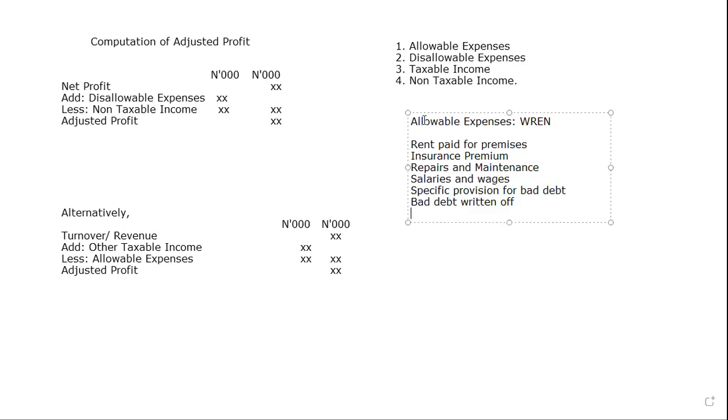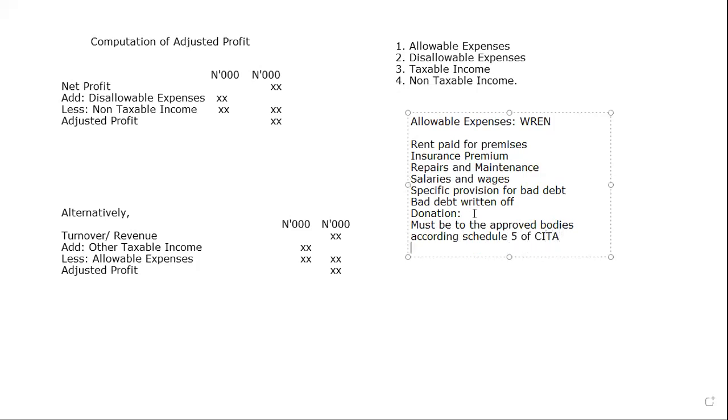If you have anything like renewal, it is disallowed; any other item is inexhaustible anyway. Another one I can remember now is donations. But donations have laws, so let's look at the conditions attached to donations. Number one, donations must be to the approved bodies according to Schedule 5 of CITA, the Companies Income Tax Act.